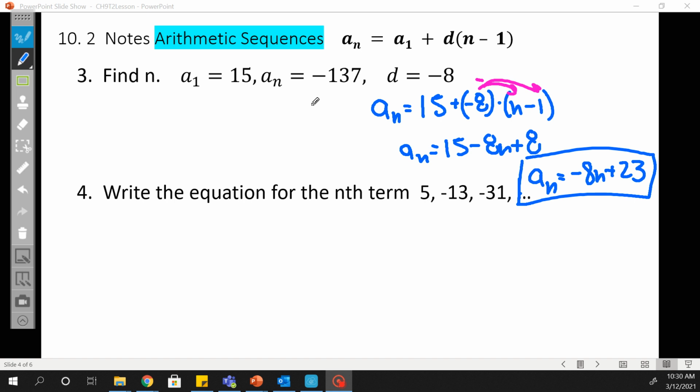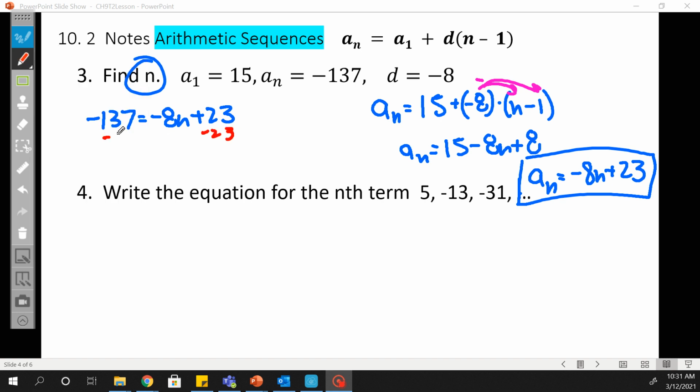So I want to know what n is, and I know what a sub n is. The nth term is negative 137. I just need to know what term number that is. All right, so I have negative 137 is equal to negative 8n plus 23, and I can solve this for n.